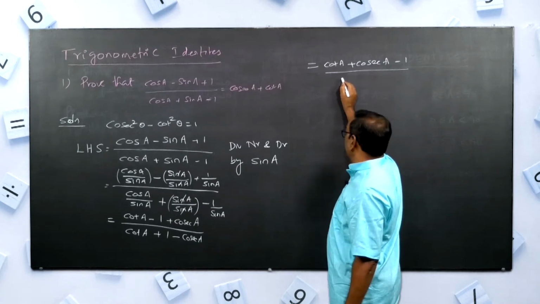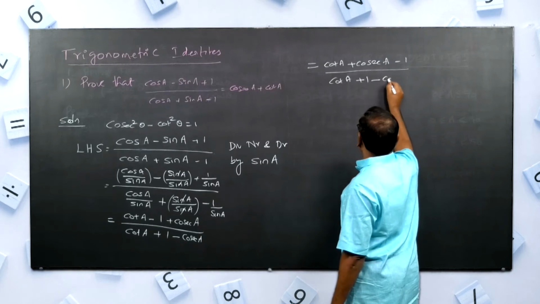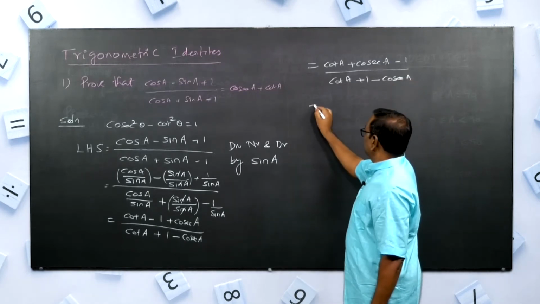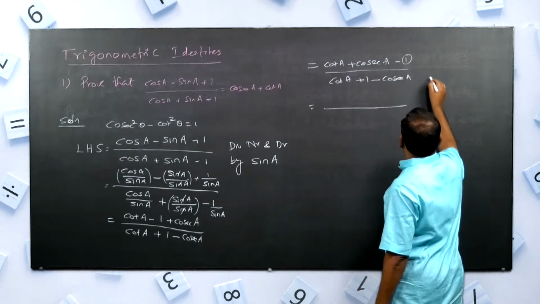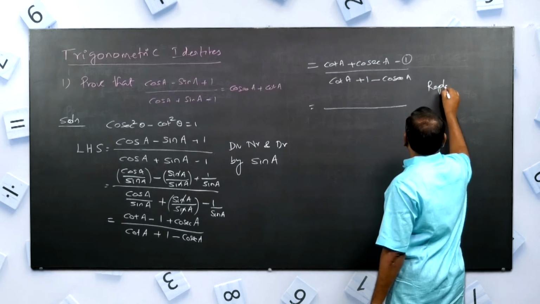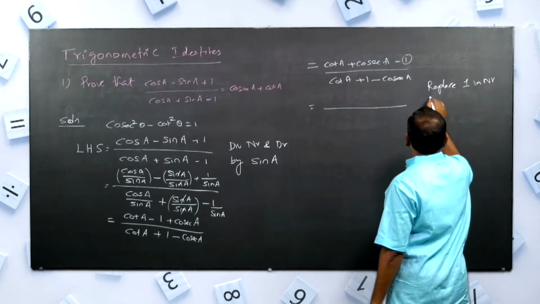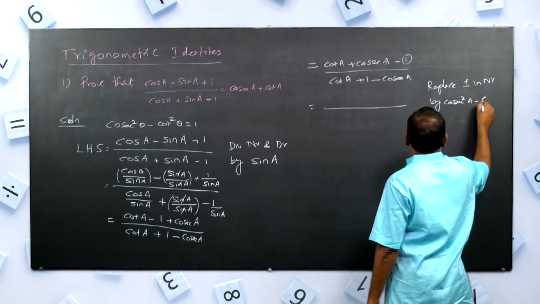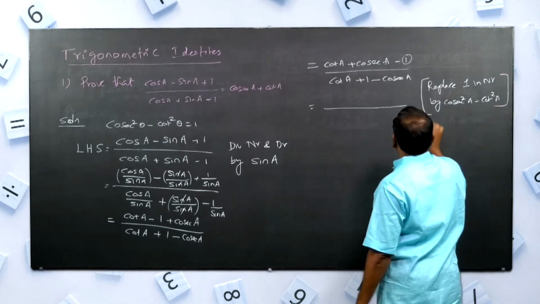So what is the denominator? Cot A plus 1 minus cosecant A. Now a very important step: replace the 1 in the numerator by cosecant square A minus cot square A. This is a very important step.